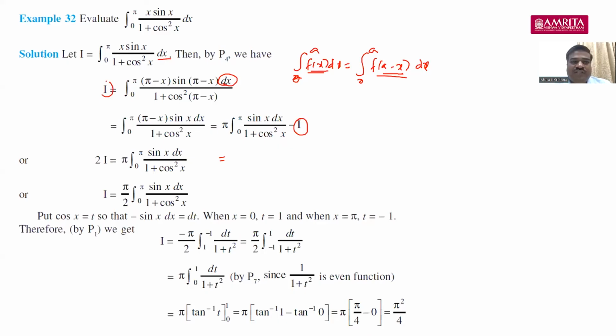So you started with I, the entire definite integral assumed as I, and again I is present in the simplified version. So you take this minus I to the left side, so I plus I becomes 2I. 2I is equal to pi times the integral 0 to pi of sin x by 1 plus cos square x dx. That means I equals pi by 2 times of this integral.